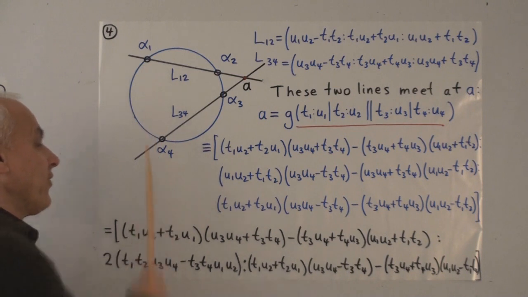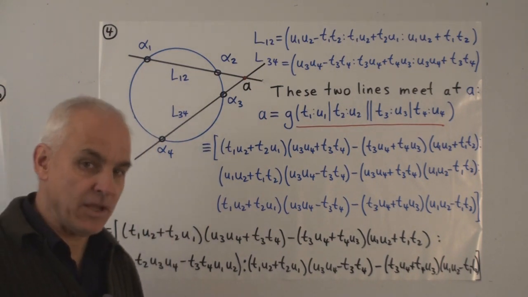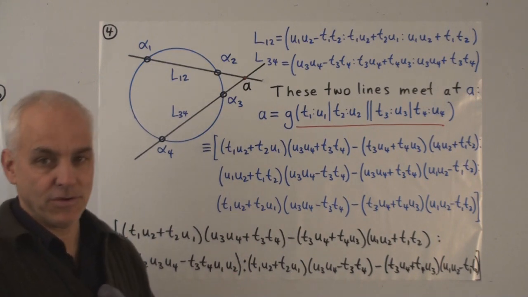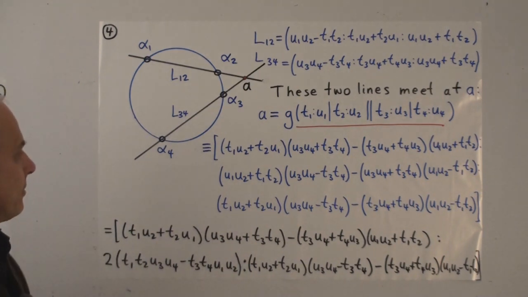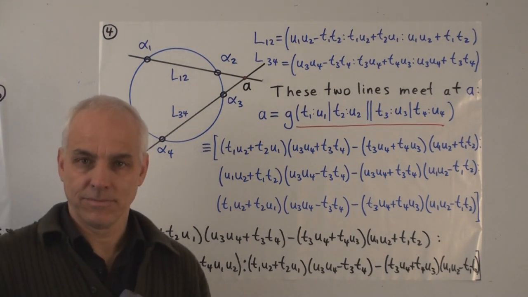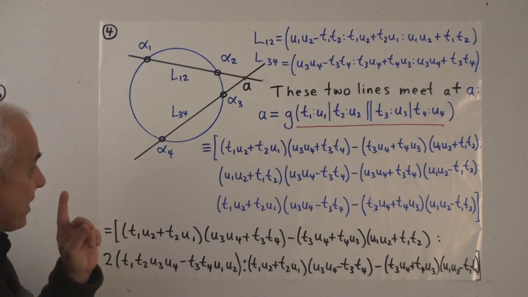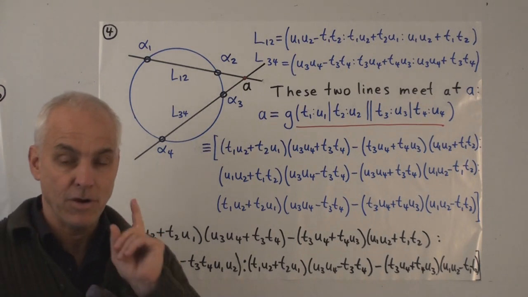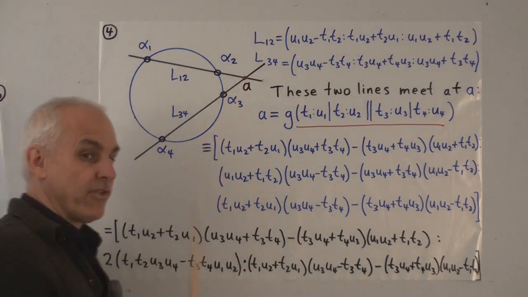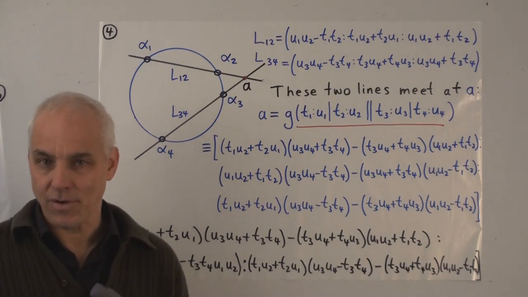So alpha 1 is e of t1 to u1. Alpha 2 is e of t2 to u2, and so on. Those 4 points form a quadrangle because it's obvious that no 3 of them are collinear, because it's not possible to get 3 collinear points which lie on the circle.